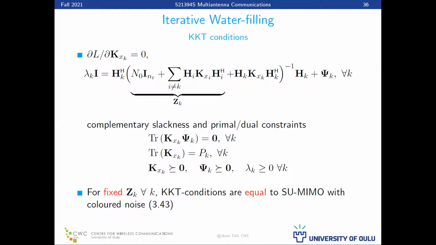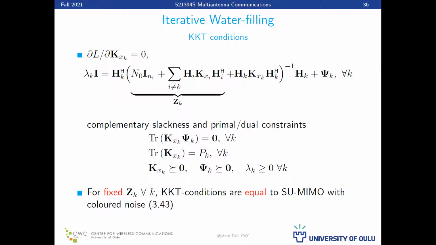There's a mistake, the inequality here. If we had an equality here, then we would not have complementary slackness. Complementary slackness is only for the inequality constraint. So what it means is that either the covariance matrix is strictly positive, or the dual variable is positive.